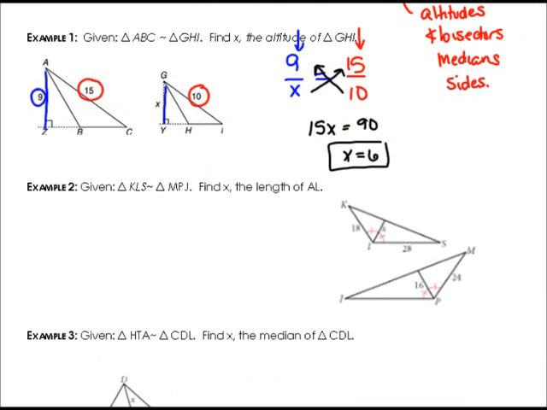Now let's look at example number 2 for another proportion. Example 2 says, given triangle KLS, and I know some of these letters you can't quite read, KLS is similar to triangle MPJ. Find x, which is the length of AL. Now A is going to be on line KS, and AL is this line here.